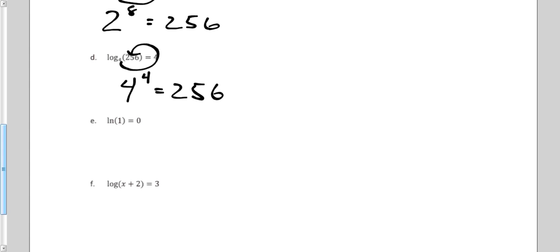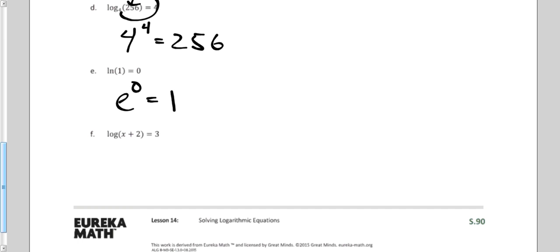What is the base of natural log, first of all? E, right? So E to what power? E to the 0 power equals 1. And then we're back to normal or common logs again. So what's this one? Who got this last one?